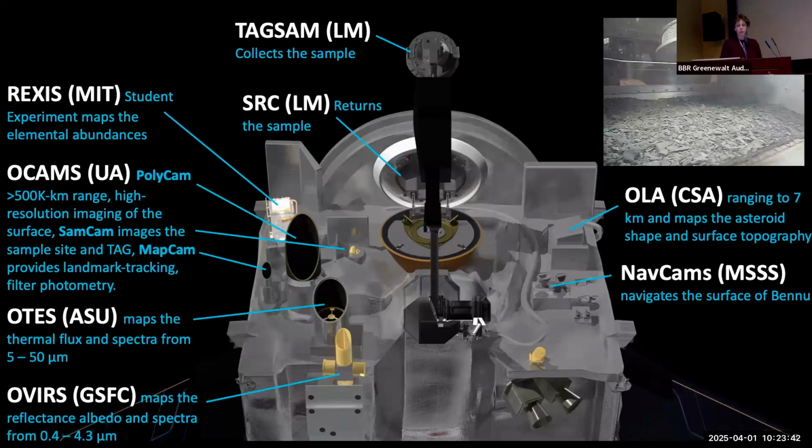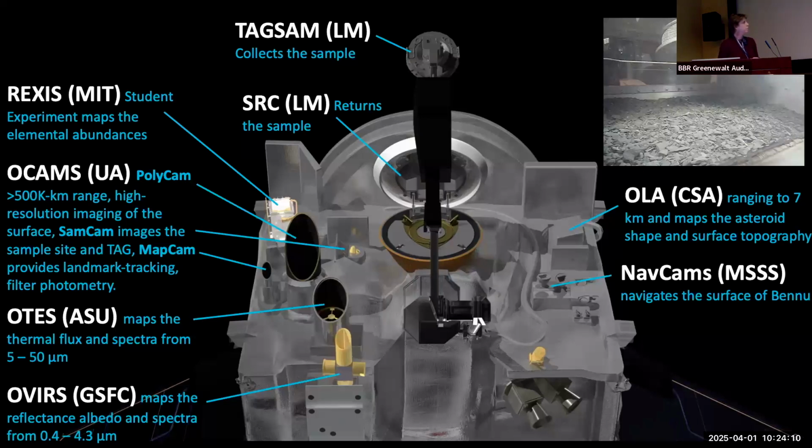So this was a lot of information to tell us things about the elemental composition, the mineralogy, and the surface roughness, as well as the altimetry of the object. Because what we were doing as part of that 2 years, thinking about what Shannon said this morning, we had 2 years to argue about where we were going to sample. So that's much more time than Orbilander was giving themselves.